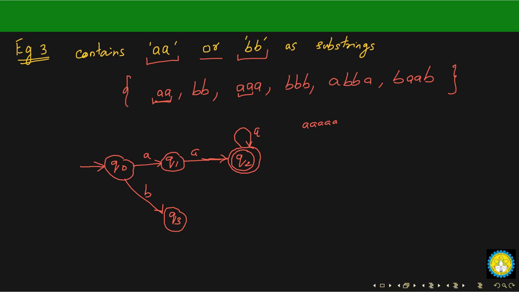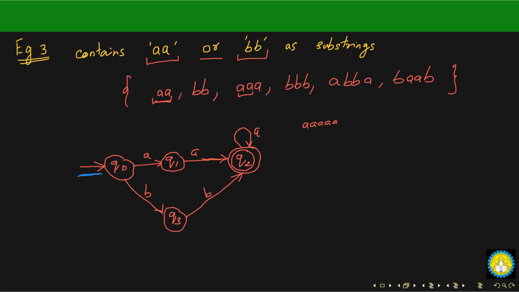It is very important. From Q3, if you're again getting a B, that means you have to go to the final state. So if you're getting a B from here, I'm going to the final state.